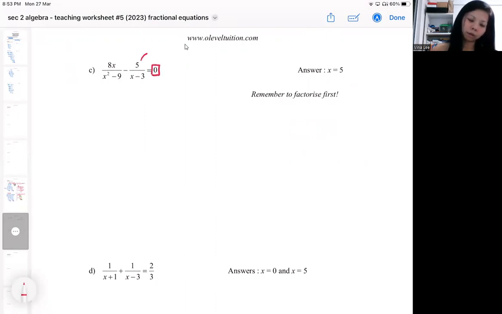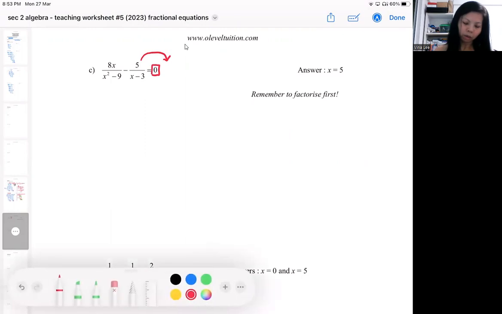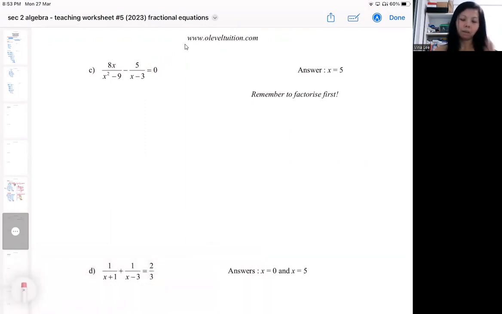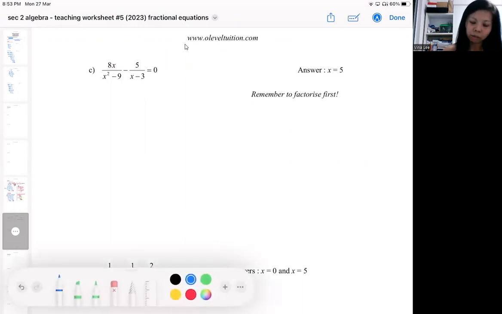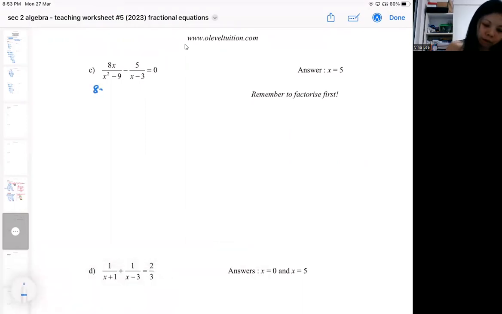I could have chosen to bring it over, but because I want to show you the idea about making the same denominator through factorization, I don't want to bring it over. So I'm going to factorize the denominator. The denominator is factorizable, and by now you should be able to do it mentally already. You should be very sensitive to this factorization.